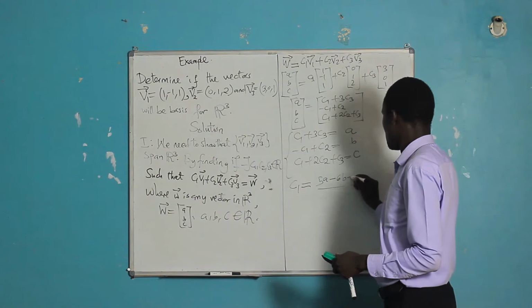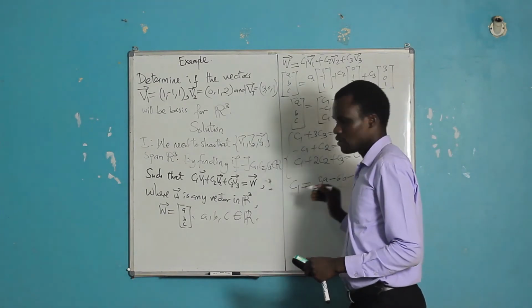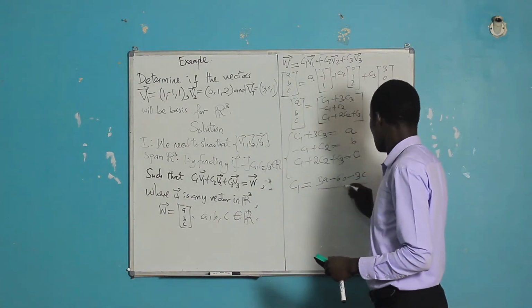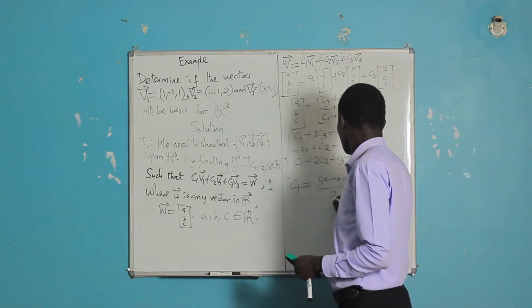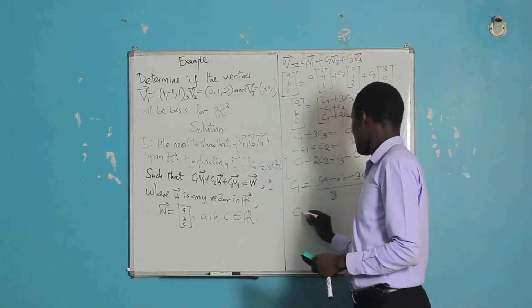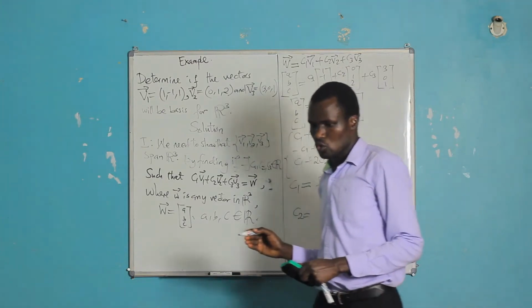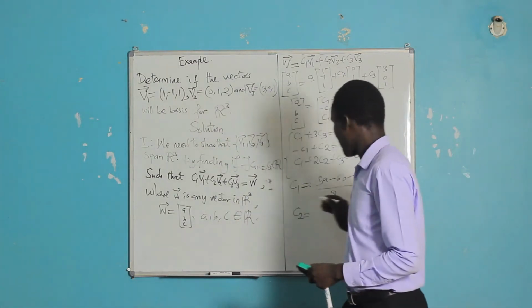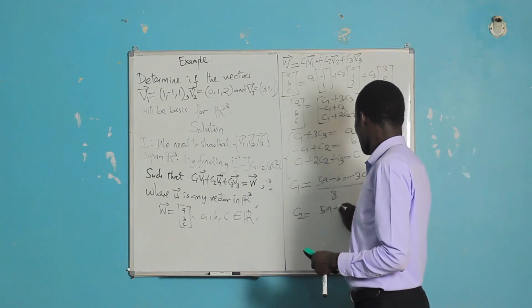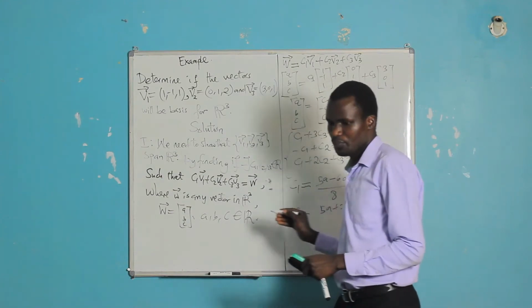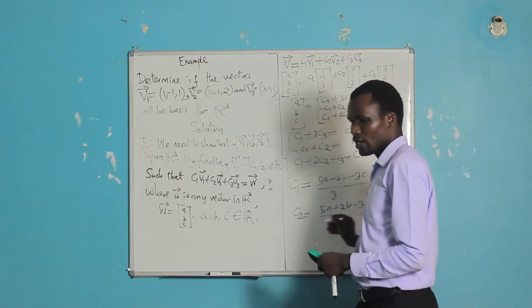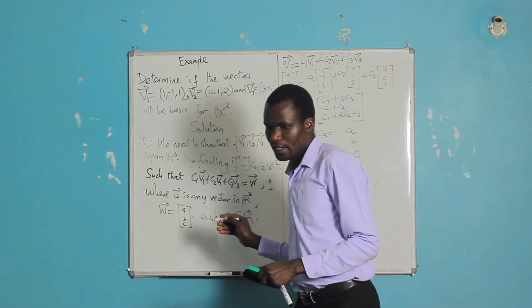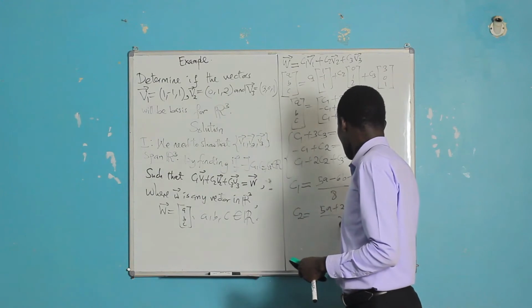5A, 6B minus 3C over H. And also I obtain C2 equal to (5A plus 2B minus 3C) over H also.